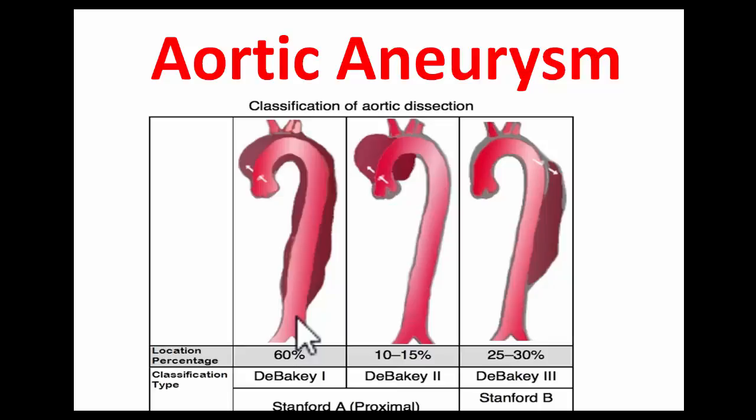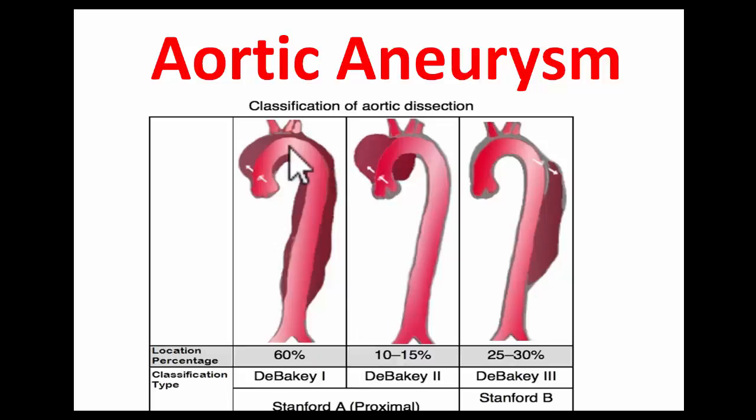Michael DeBakey, the chief surgeon at the Methodist, was one of the pioneers in diagnosing aortic dissection, and he created a classification known as the DeBakey classification, which is used worldwide.